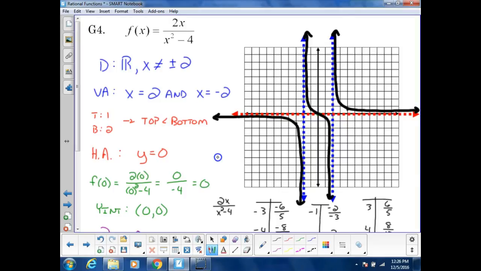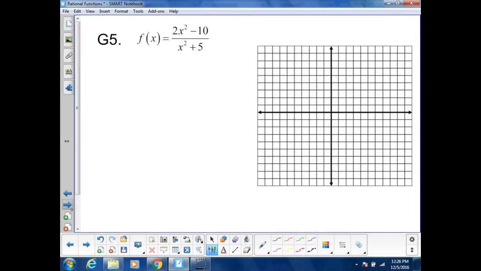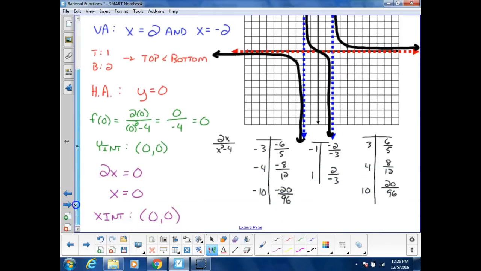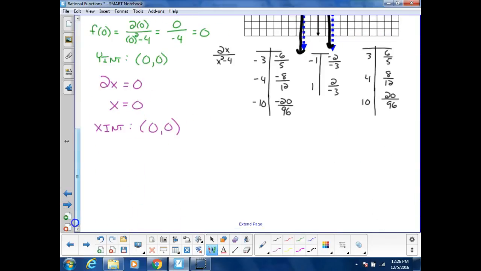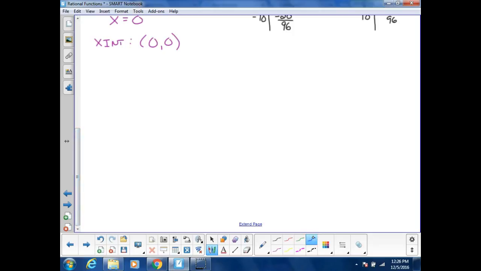Okay. I just put on the sideboard just the function so that we don't have to keep scrolling back up and down for it. Okay. So the end behavior then would be as x approaches positive infinity, my function approaches 0 from above.